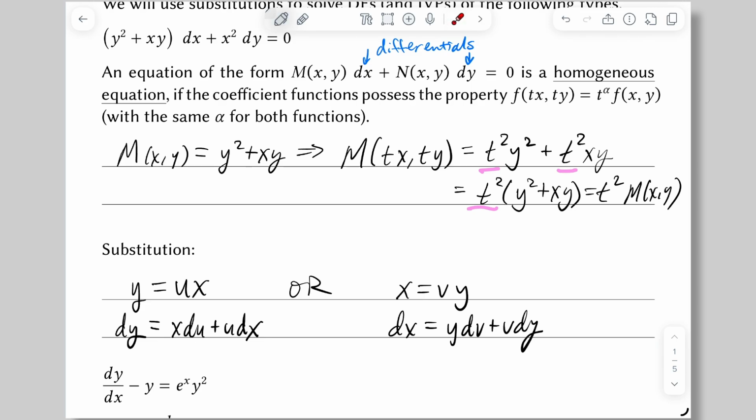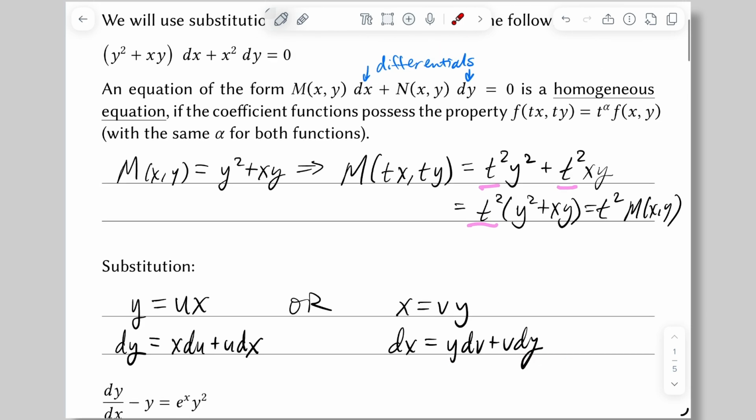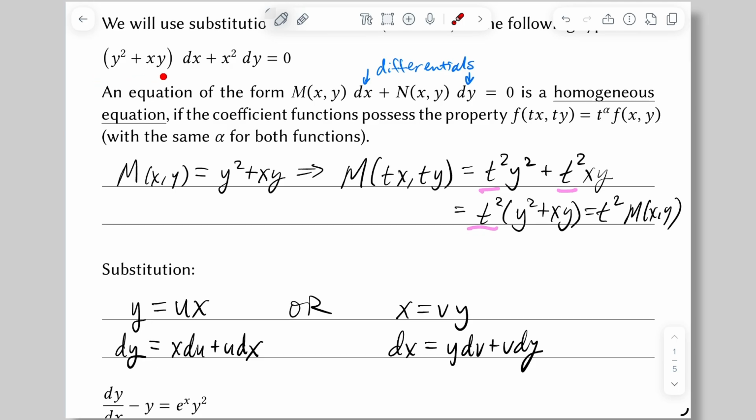We're either going to substitute y using ux, and so dy is equal to x du plus u dx, or x equals v times y, and so dx is equal to y dv plus v dy. I'm repeating that because the substitution is going to go into the original differential equation. And whichever differential we substitute is going to turn out to be in a term that becomes more complicated because dy is being replaced by two terms.